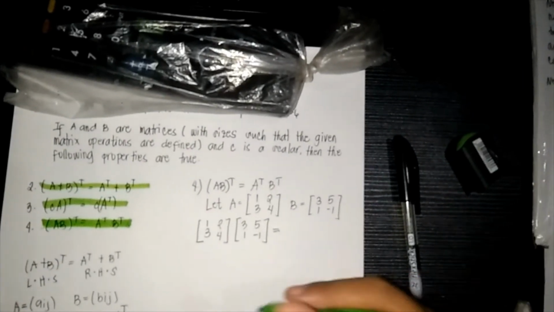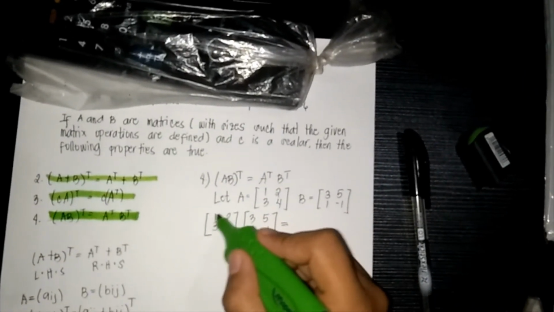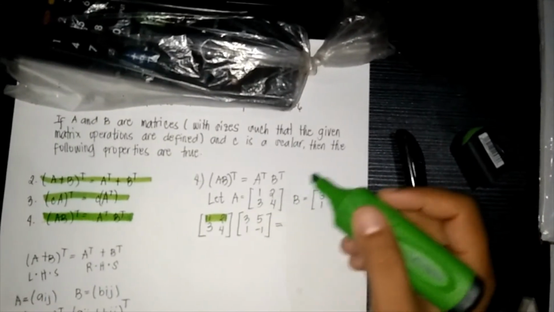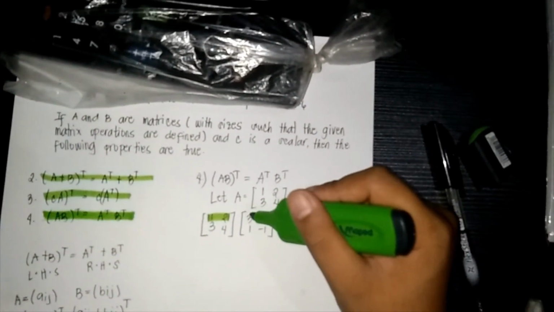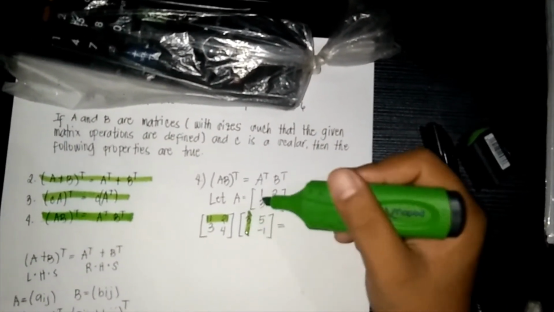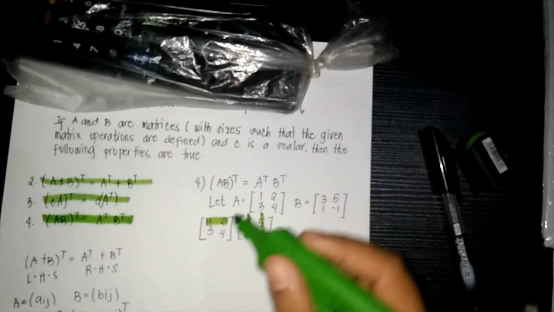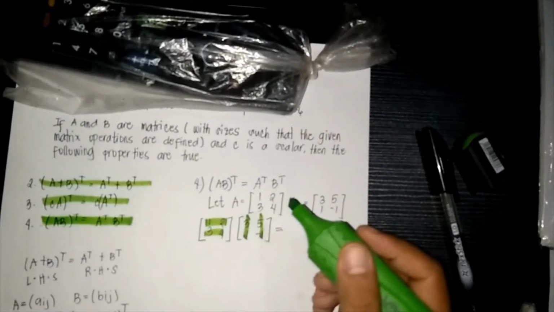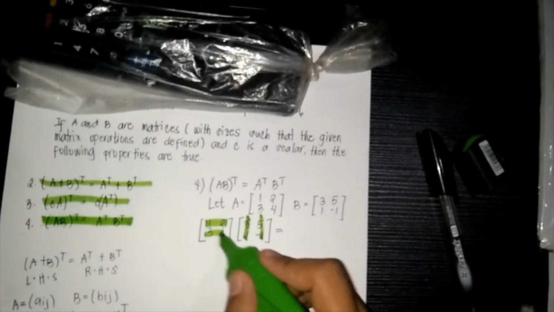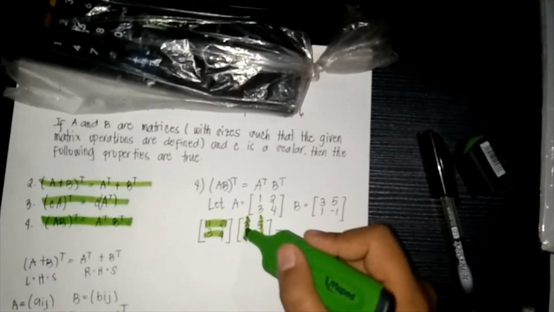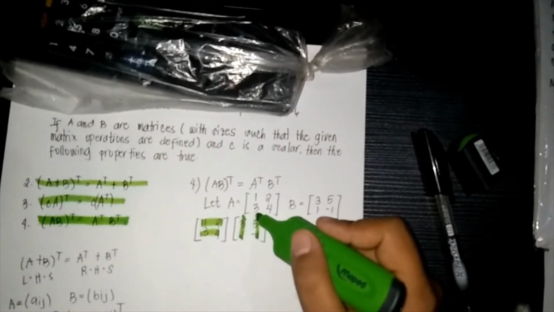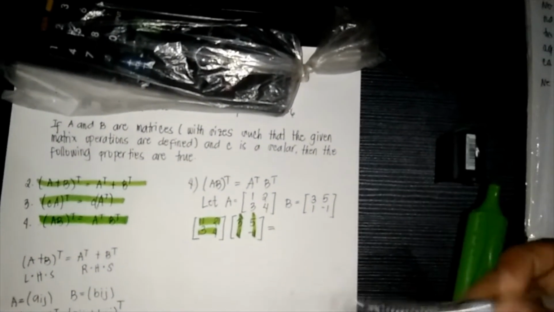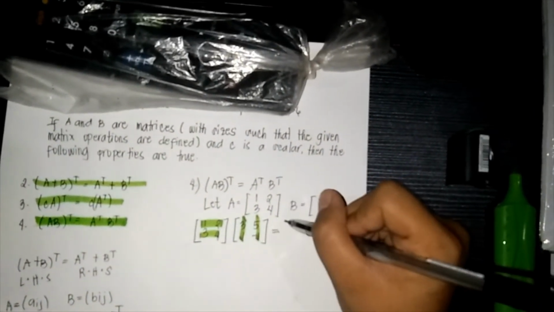The first row multiplies the first column and second column, and the second row multiplies also this column and this column.